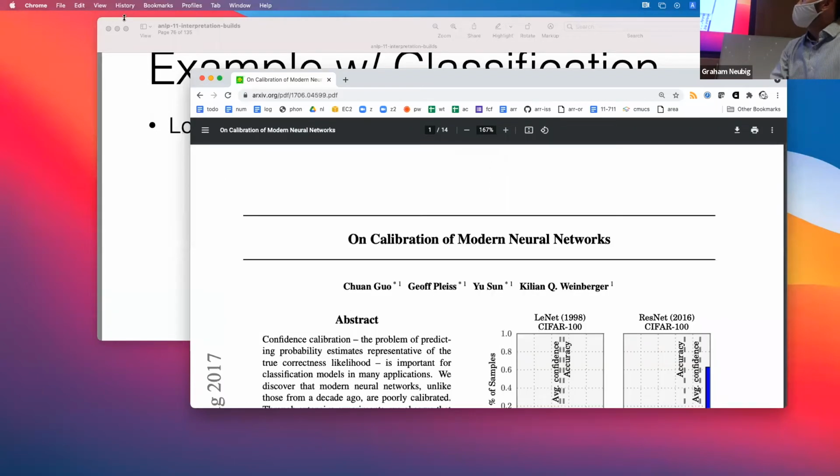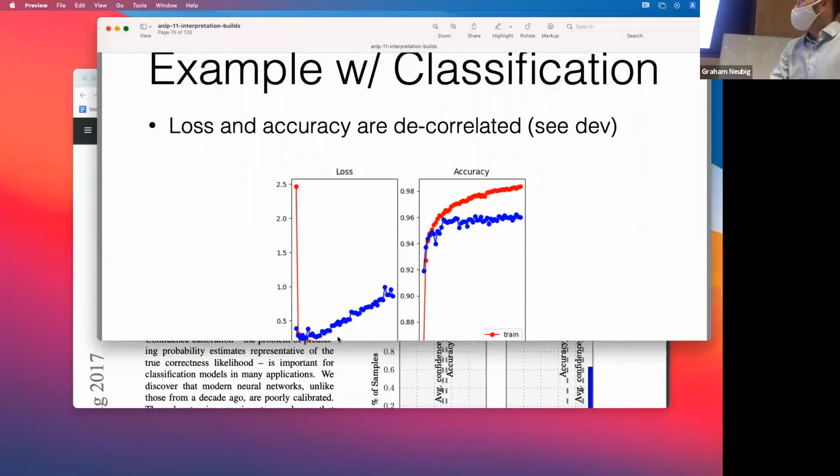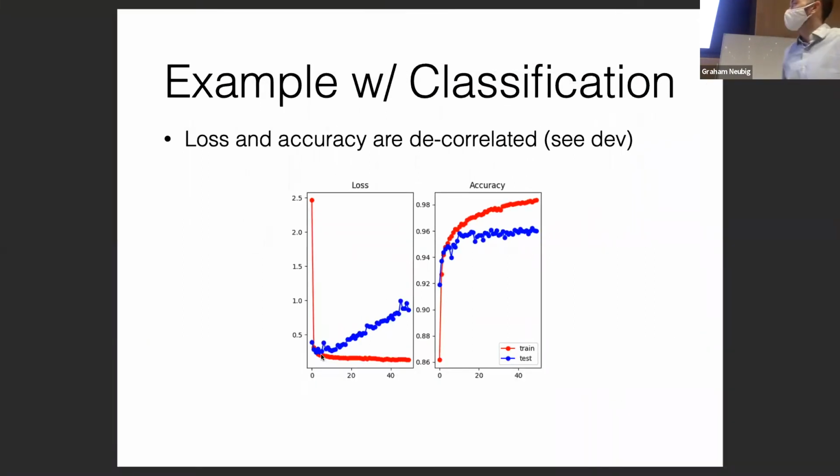But going back to this example, the loss here actually is a pretty good metric of how well calibrated your model is also, because you're trying to maximize the log probability here, and that's kind of directly correlated.